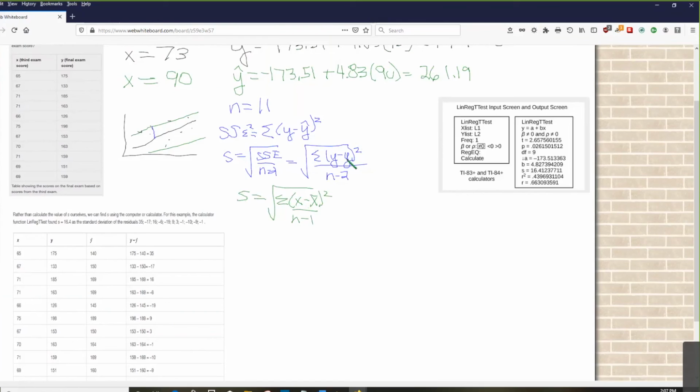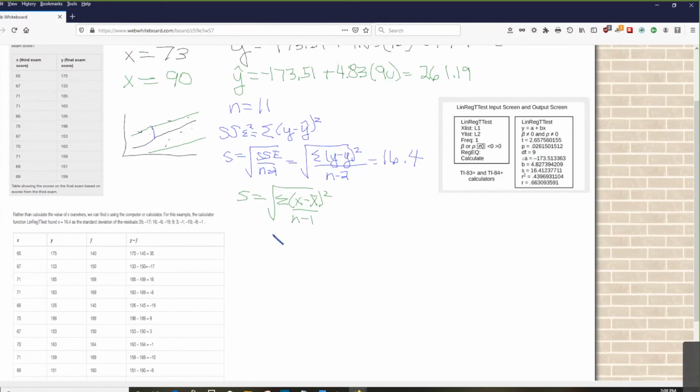If you're using 2 values, you're going to use this top one in blue. Okay, so from this one, the calculator gave us a sample standard deviation of about 16.4.